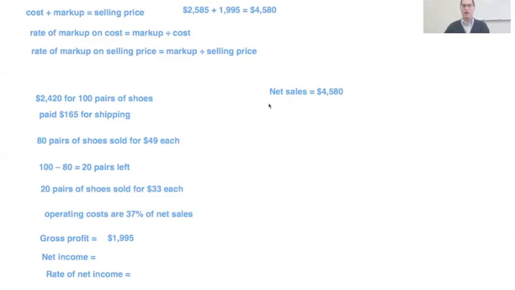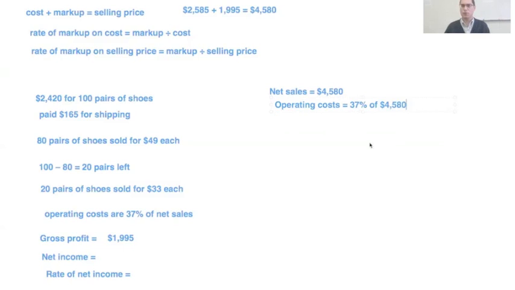Our operating costs are going to be 37% of net sales, or 37% of 4,580.